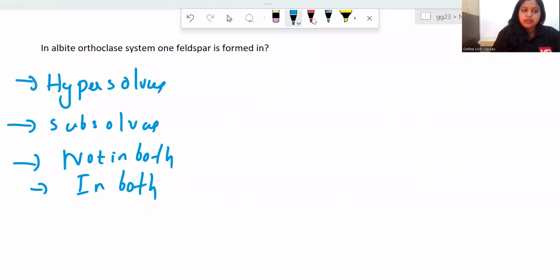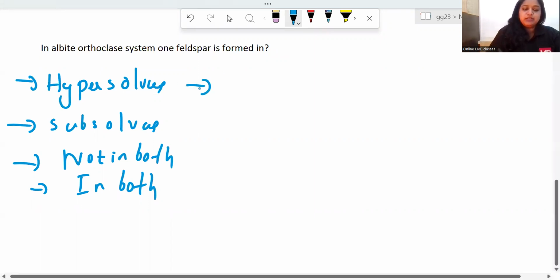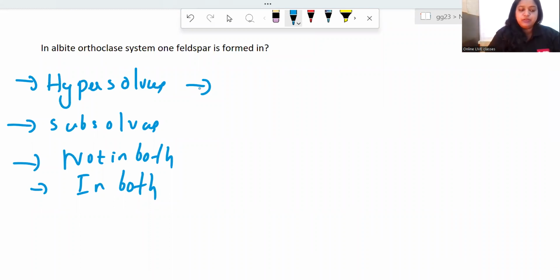So we know that in a hypersolvus feldspar system, a melt crystallizes completely to a single alkali feldspar above the solvus, followed by solid state solution. Whereas in a subsolvus feldspar system, the solvus is truncated, so that causes no single mid-range of feldspar formation.